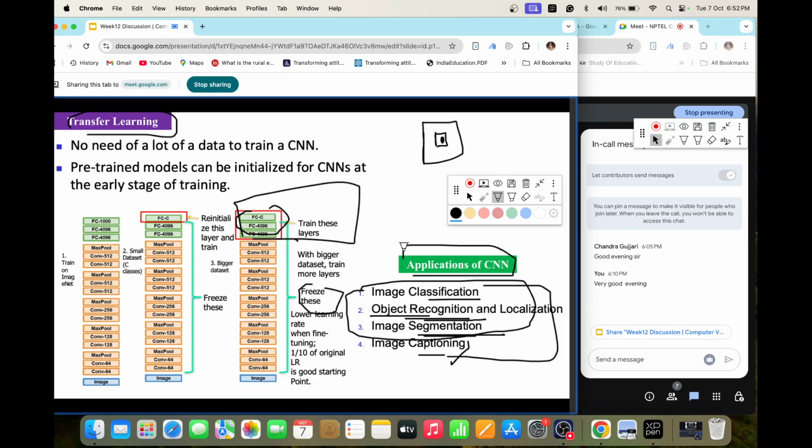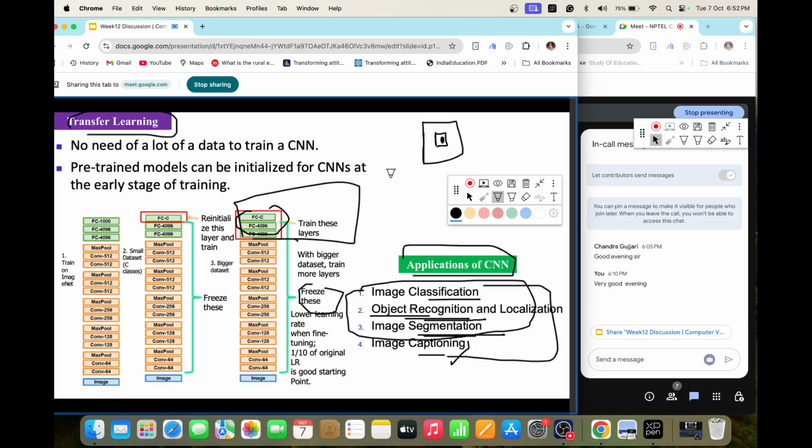One is semantic segmentation, which we will learn. For example, you have to segment all the canopies or all the trees in a forest, so for that you will do semantic segmentation. But there is another, more advanced level of segmentation, which is instance segmentation.